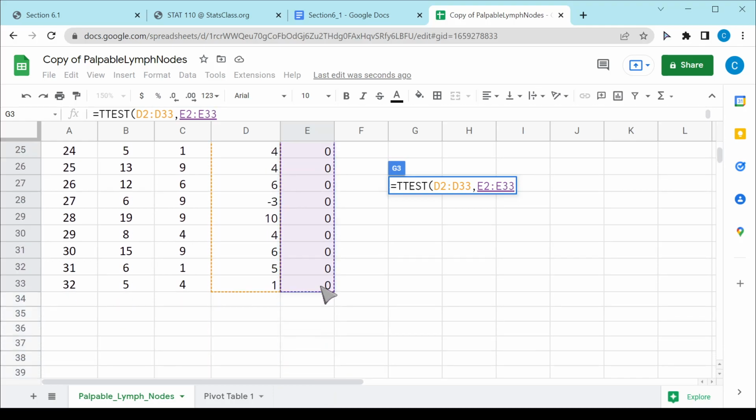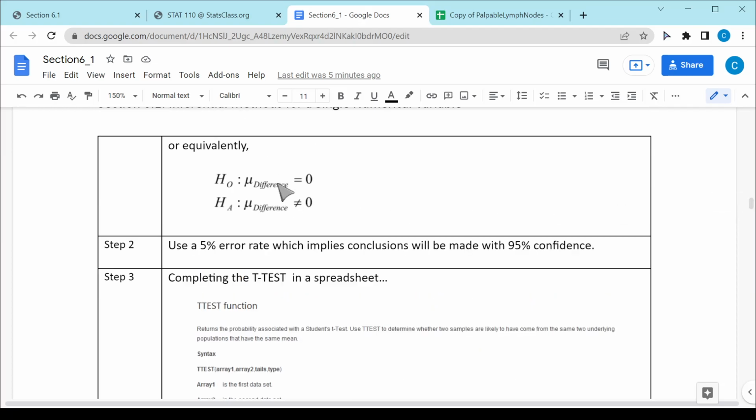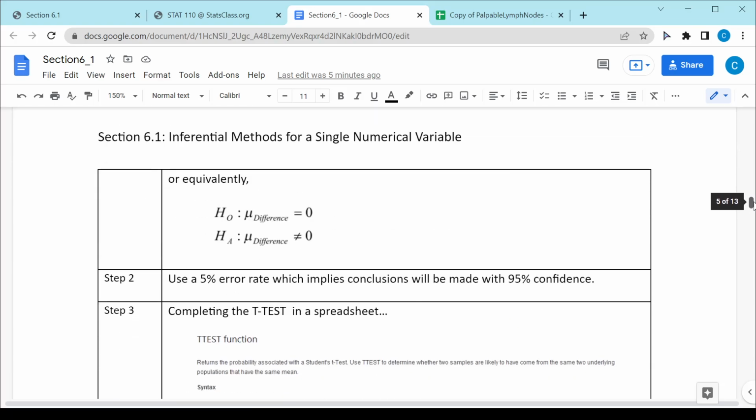I am doing a two-sided test, so I'm going to say comma 2, and then I'm doing a paired t-test, so I'm going to put a value 1 there. So again, the 2 is because I'm doing a two-sided test, which again comes from the H. I'm testing whether or not I have a difference here. So anytime I see difference there, or anytime I see not equal, that's going to be a two-sided test.